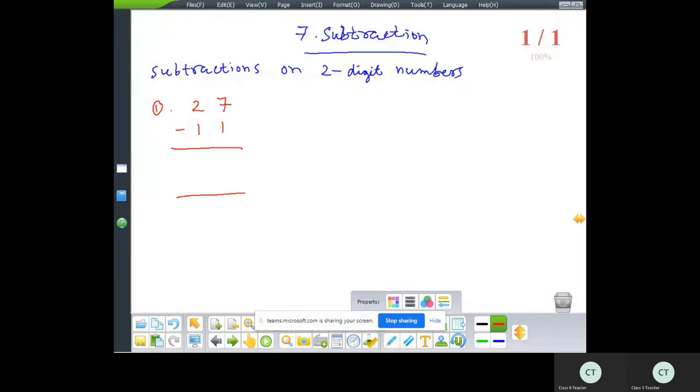First we write the place values: ones, tens.